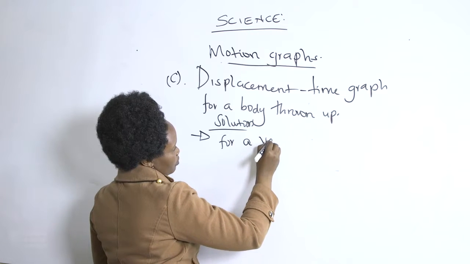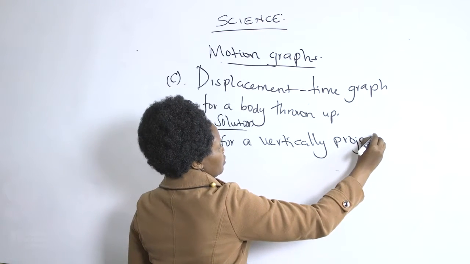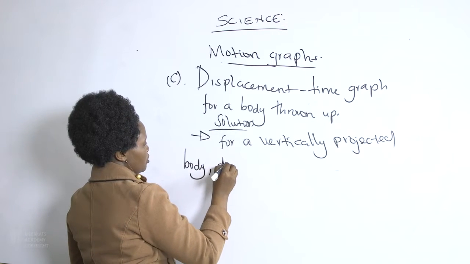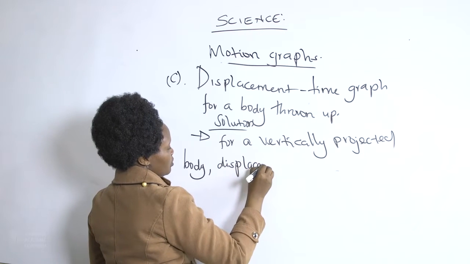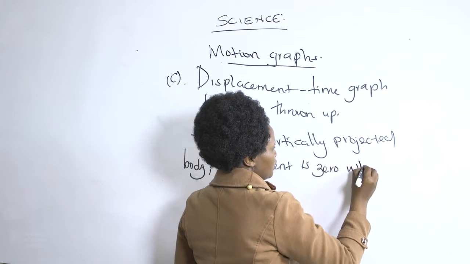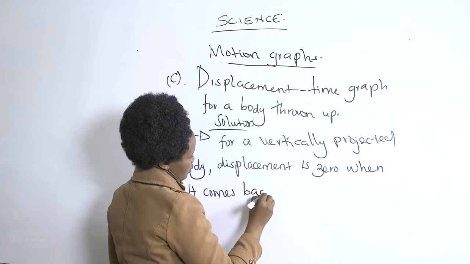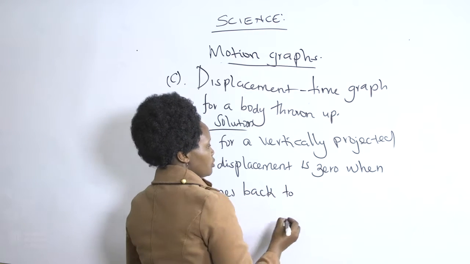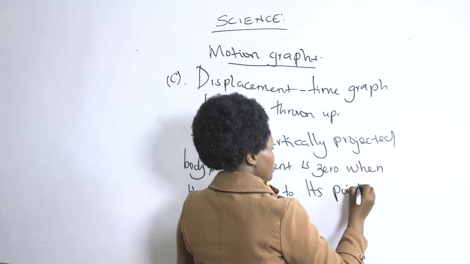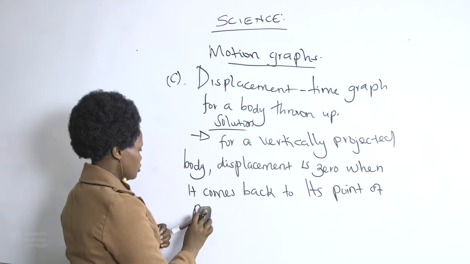You know that for a vertically projected body, displacement is 0 when it comes back to its point of projection.